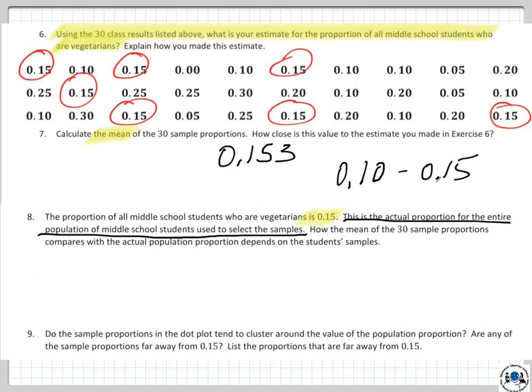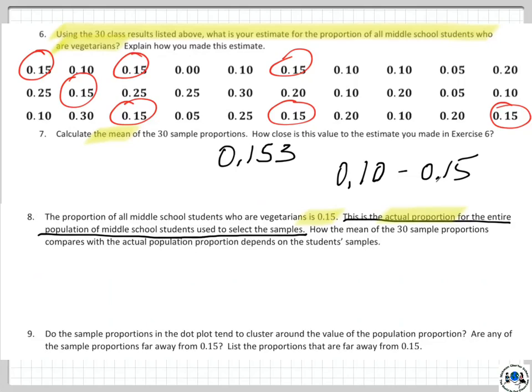Okay, so that's the actual proportion right there. When we took our samples, we were finding sample averages. How the mean of the 30 sample proportions compares with the actual population proportion depends on the students' samples.